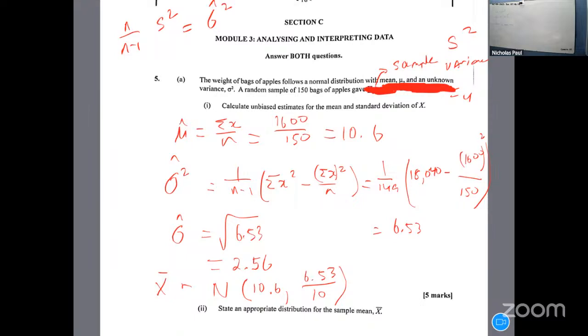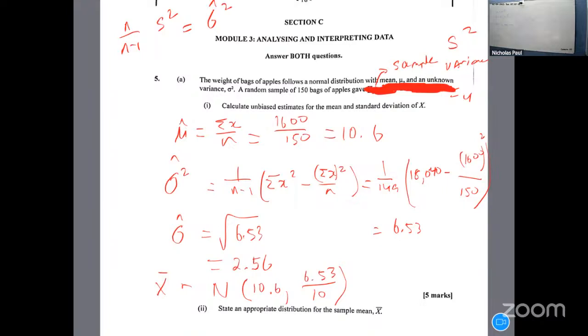If you're not really estimating and you have all the values, like for example sample variance, if it's 10 in the sample and you have all 10 values and you're working it out, you don't need the 1 on n minus 1. It's just sum of x squared on n, same one that you have.